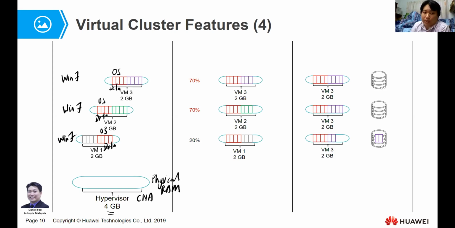If the operating system data is only for read purposes, we can share these particular amounts of RAM memory. For example, here maybe 2 GB, 2 GB, and 2 GB. So the 2 GB is shared by multiple virtual machines.